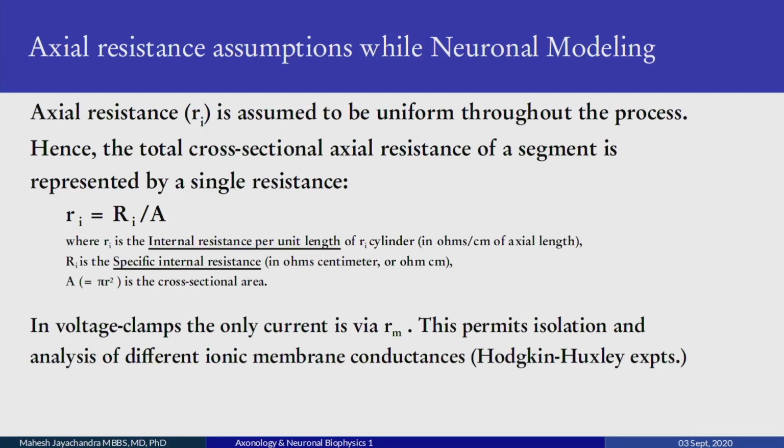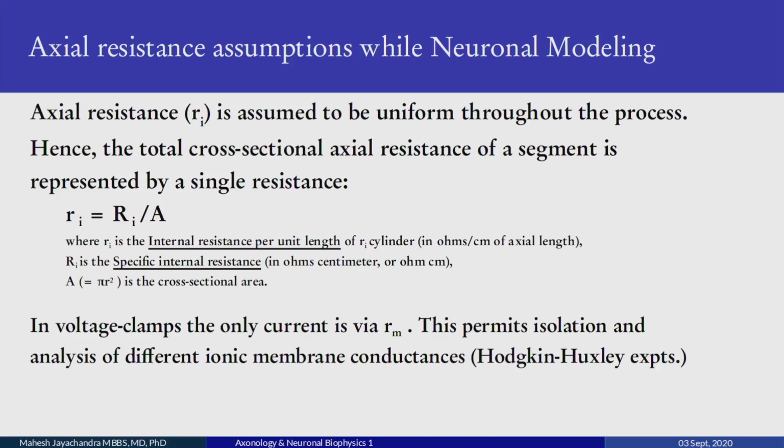The units for resistance are ohms per centimeter of axial length, while capital Ri is a specific internal resistance, in ohm centimeters. It's the resistance of a patch. Okay, so A is the cross-sectional area. So Ri is ohms per centimeter, while capital Ri is specific internal resistance, ohm centimeters.